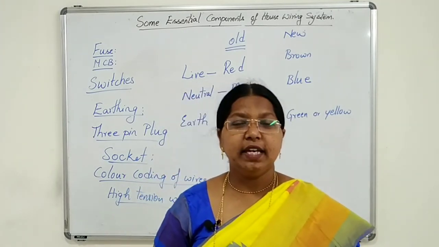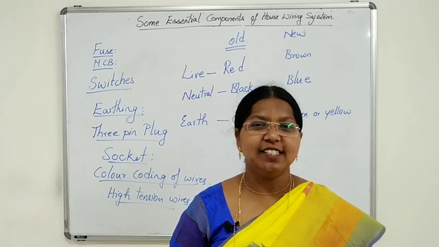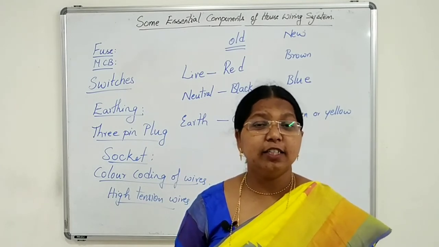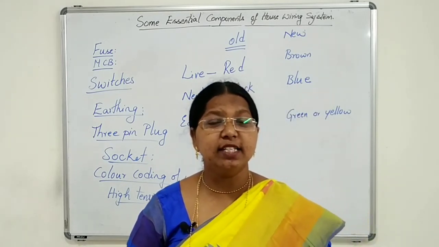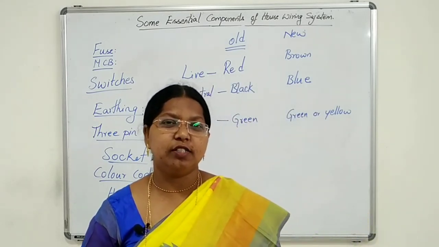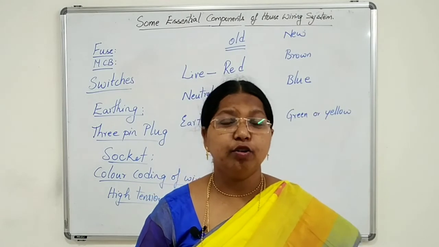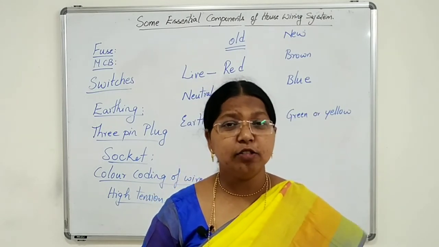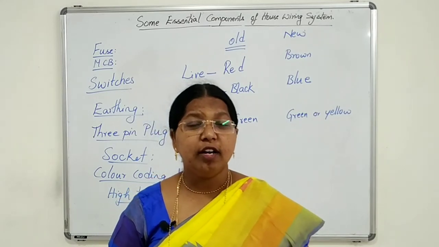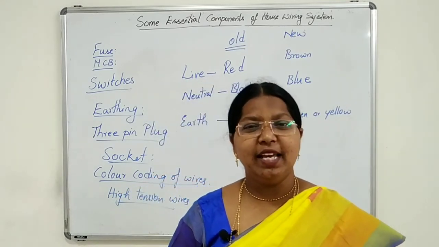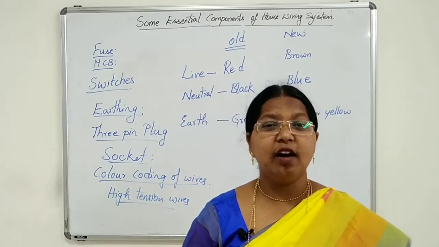And the next topic is safety precautions. While we are connecting the wires or using the circuits or electric appliances, what safety precautions do we have to take to avoid fire accidents or electric shock? We have to make sure that each electric appliance is connected to the earth wire.